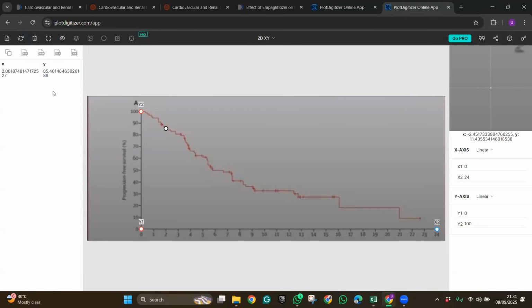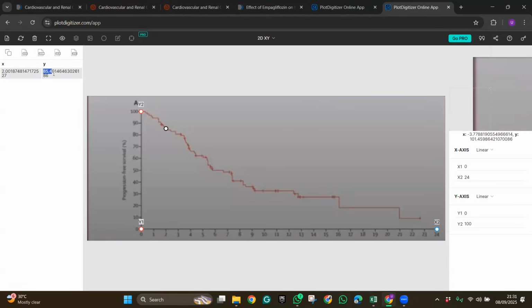You're going to take this 85, the value which you get along your y-axis, multiply it with your sample size, and divide it by the upper limit of your y-axis. I'm going to repeat it again. Take the value for the y-axis which you got here, which is 85.